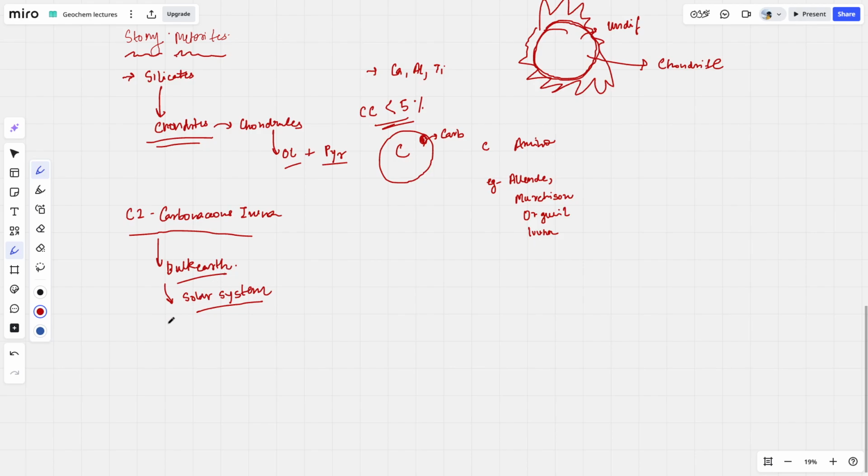So it is the most primitive and undifferentiated meteorite. Most primitive. These points are very important for MCQ purposes. Most primitive and the undifferentiated meteorite.